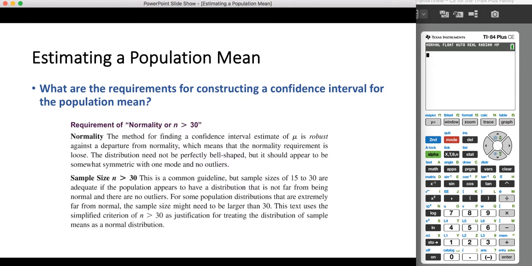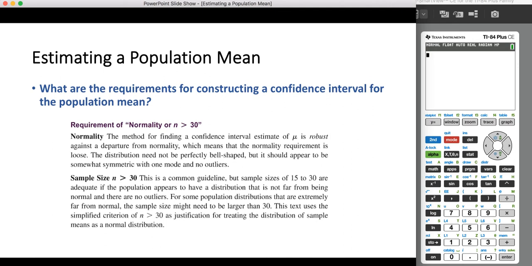If you saw my previous screencast, we were estimating a population proportion. Now we're estimating a population mean, so we're going to be constructing a confidence interval for that population mean, and we have to have a few requirements.